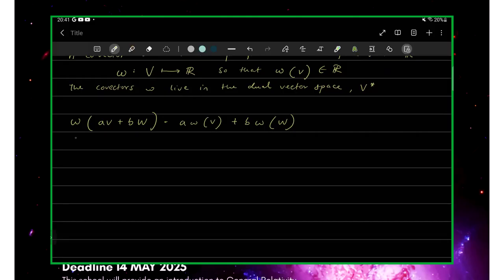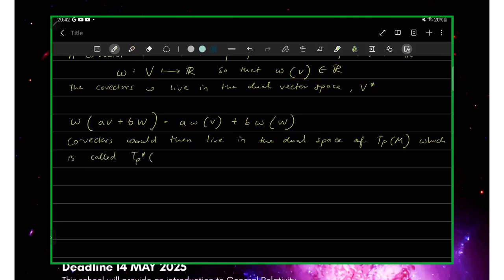Okay, so covectors would then live in the dual space of T_p, which is called T_p star.